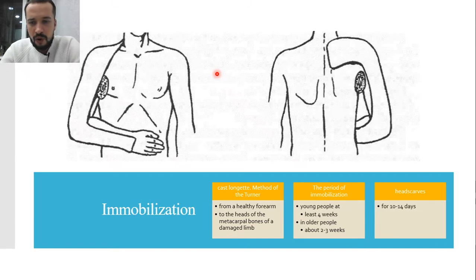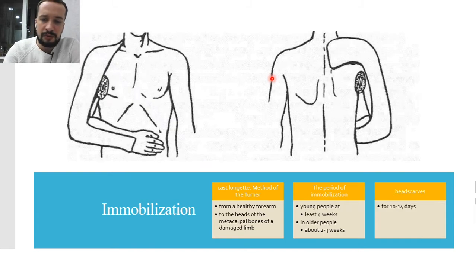After closed or open shoulder reduction, the limb should be immobilized with a plaster splint from the healthy upper arm to the heads of the metacarpal bones of the damaged limb.